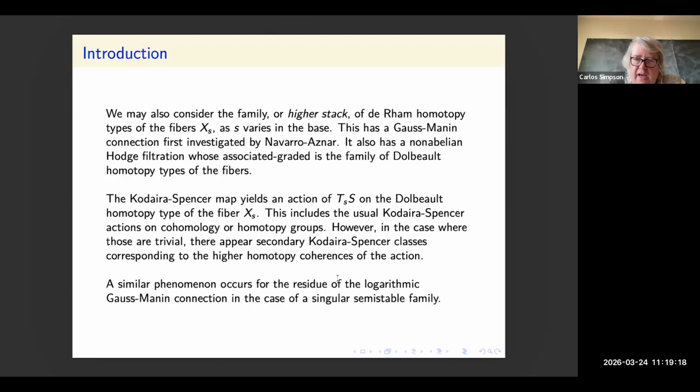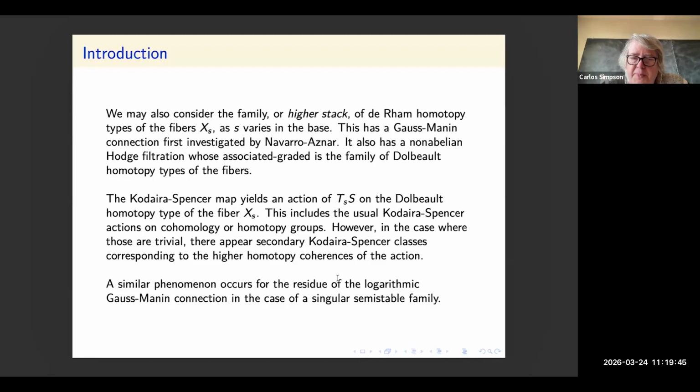It has what you might call the Gauss-Manin connection also, which was first introduced by Navarro Aznar, and it has a nonabelian Hodge filtration, which can be thought of as a family parameterized by the affine line that's GM equivariant. The associated graded, or the fiber over zero, is the family of Dolbeault homotopy types of the fibers.